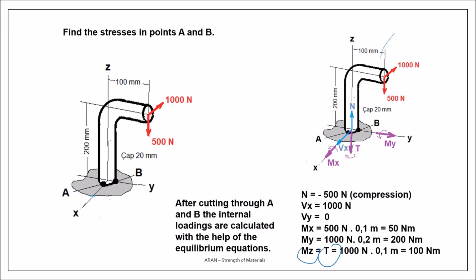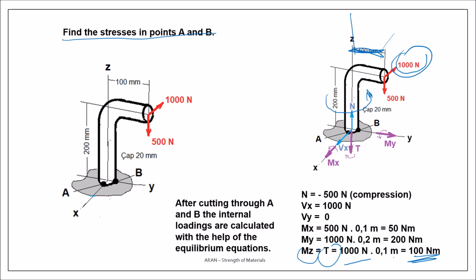So this force tries to rotate the section around z, and in order to have equilibrium, the torque will be 1000 times this 0.1 meter, and this is your torque. So the question was, find the stresses in point AB.